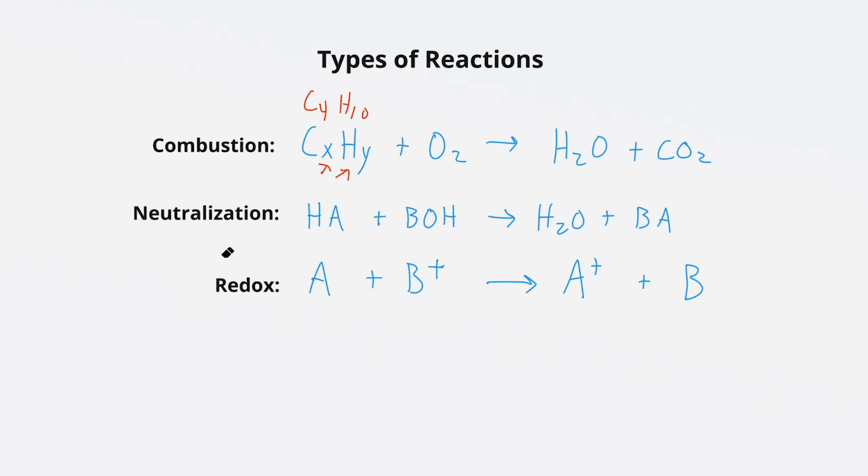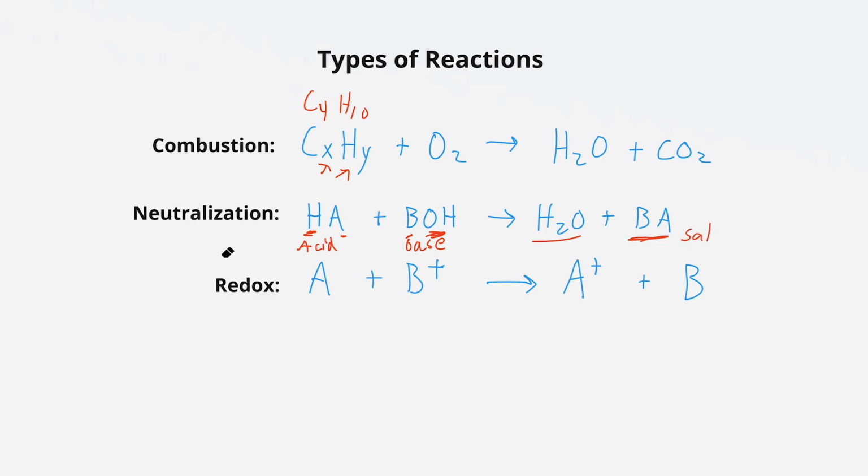The next one is a neutralization reaction where we have an acid, which is HA, combining with a base, which is BOH. For these two, the H of the acid combines with the OH of the base to form H2O. And then the A and the B are going to combine to form this BA, which is a salt.